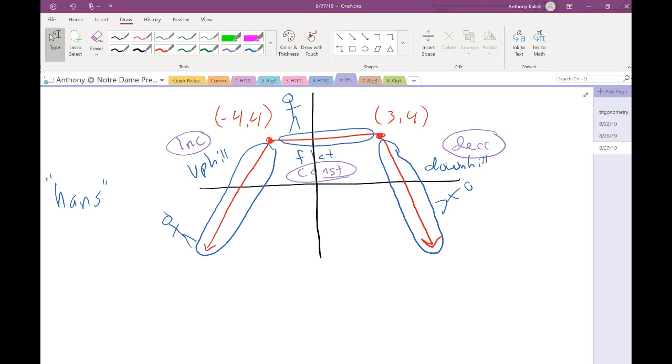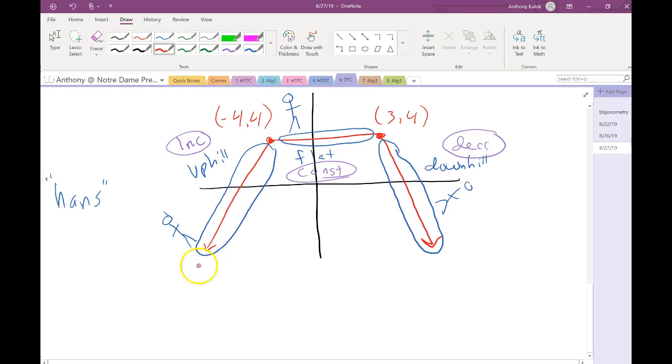Does that make sense to everyone? Just visually picking these out? So typically, we would want to describe where the graph is increasing, decreasing, and constant using an interval.